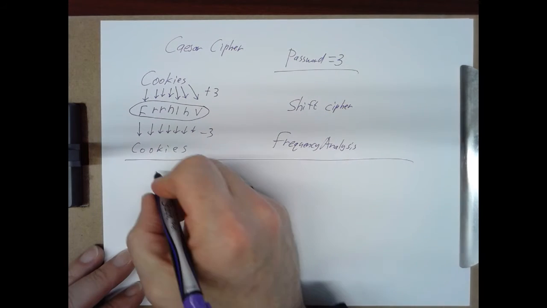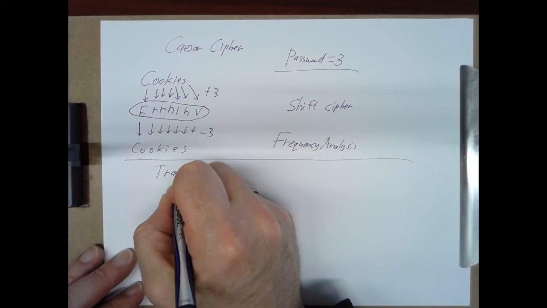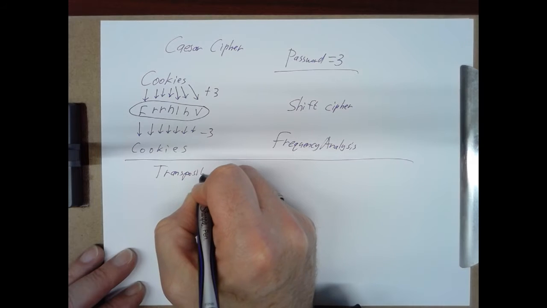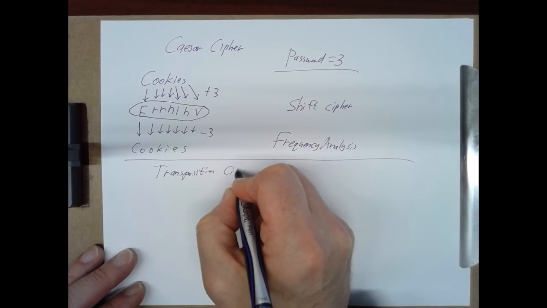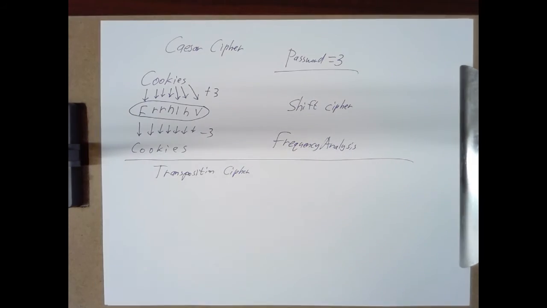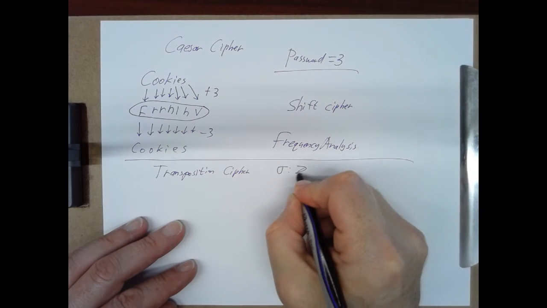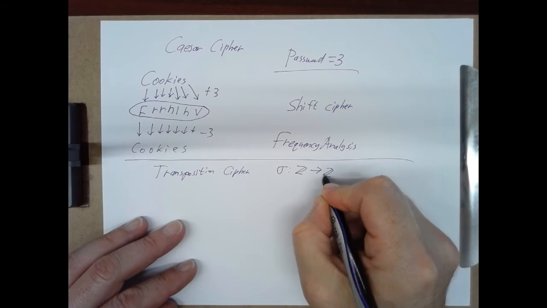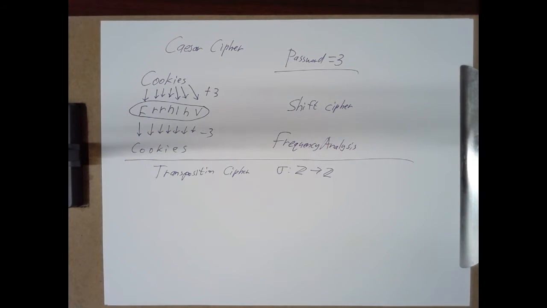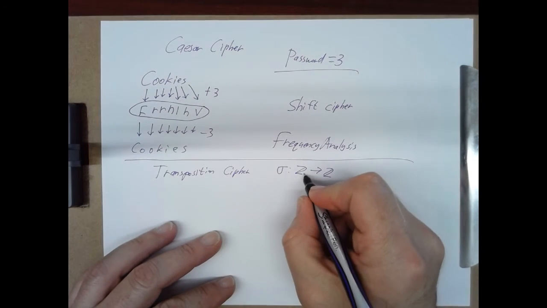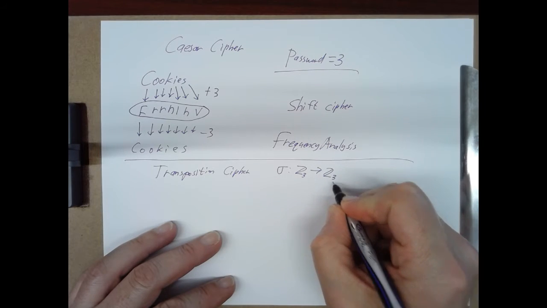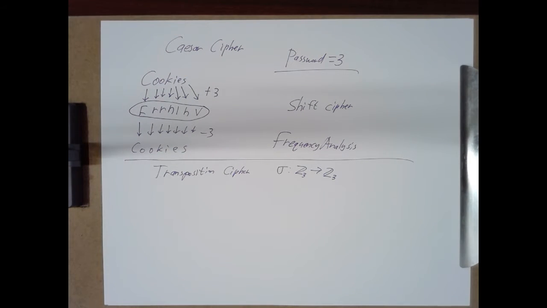So another kind of cipher is a transposition cipher. And this is built around the idea of a permutation. So we have some function from Z to Z. And I'm going to use this funny notation Z3 to mean the integers up to but not including 3.